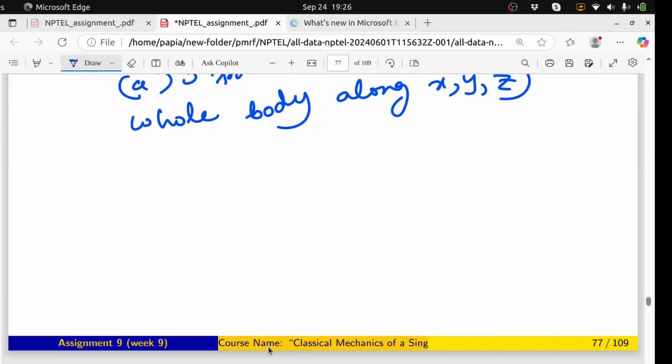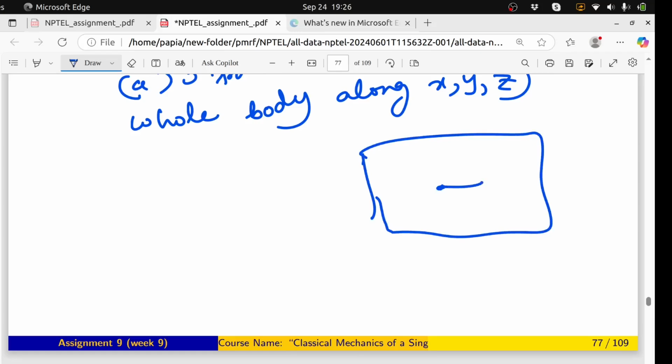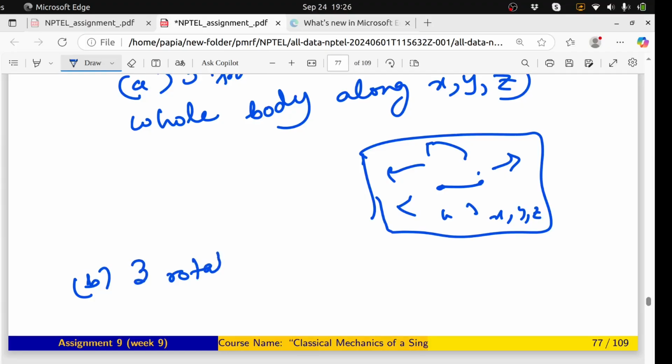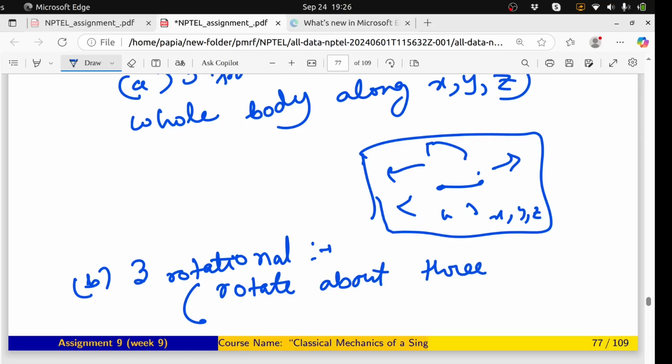In 3D space, one rigid body can move anywhere, and x, y, z are all free. Now 3 rotational: it can basically rotate about 3 axes.